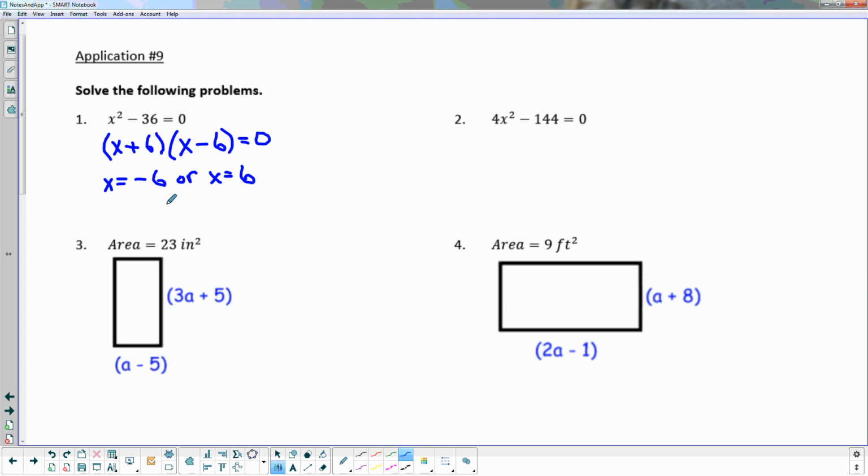Okay? And a more conventional way to write this, which isn't required but you'll see it sometimes, is to say that x is equal to plus or minus 6, meaning it's either the positive version or the negative version.